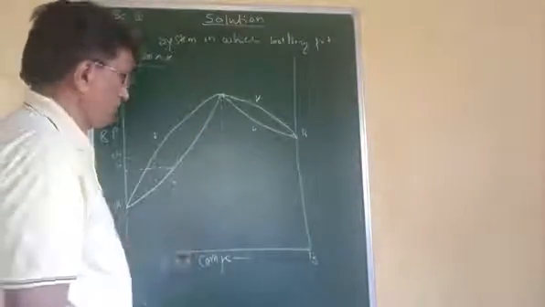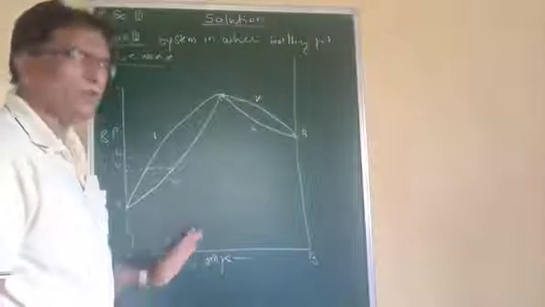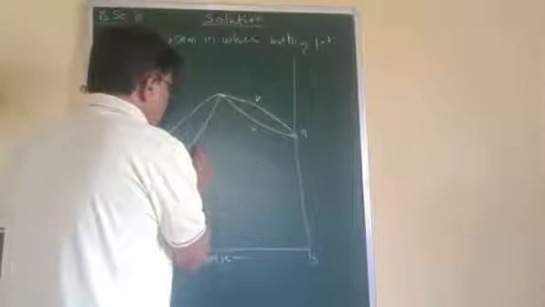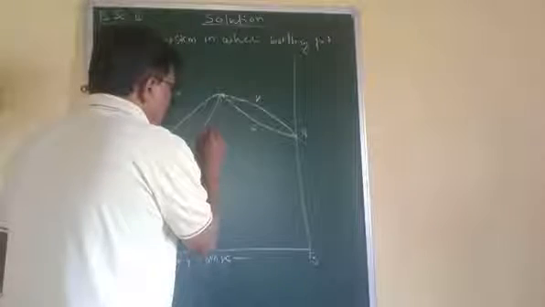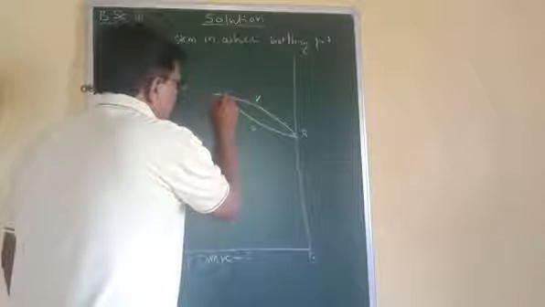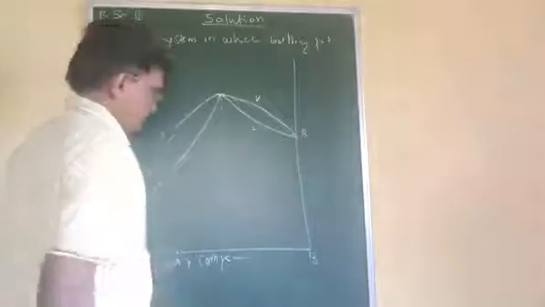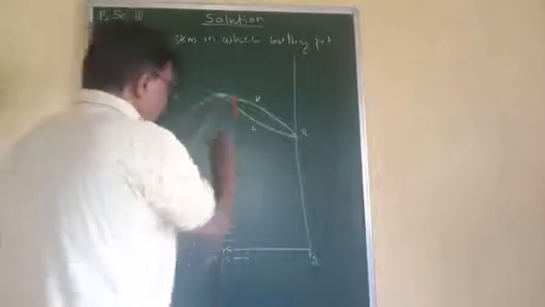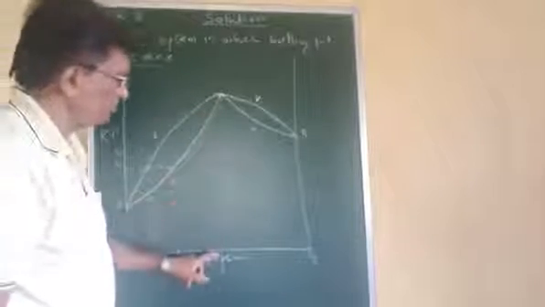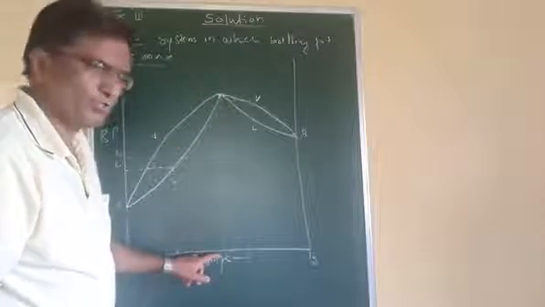On continuous heating, the composition of the residual solution continuously changes, and therefore the boiling point of the solution also continuously changes. The composition of the residual shifts towards the right-hand side and finally reaches point C, and the final residual solution will be the azeotropic mixture.